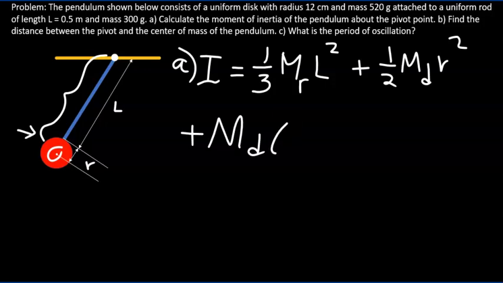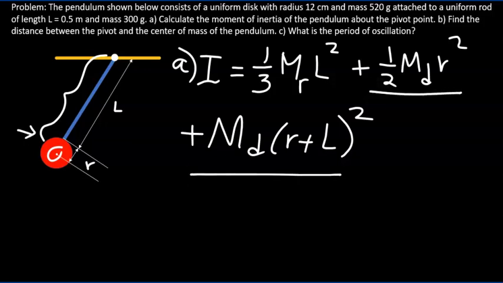In this case, it is R plus L squared. So this term plus that term is the moment of inertia of this uniform disc according to the parallel axis theorem.